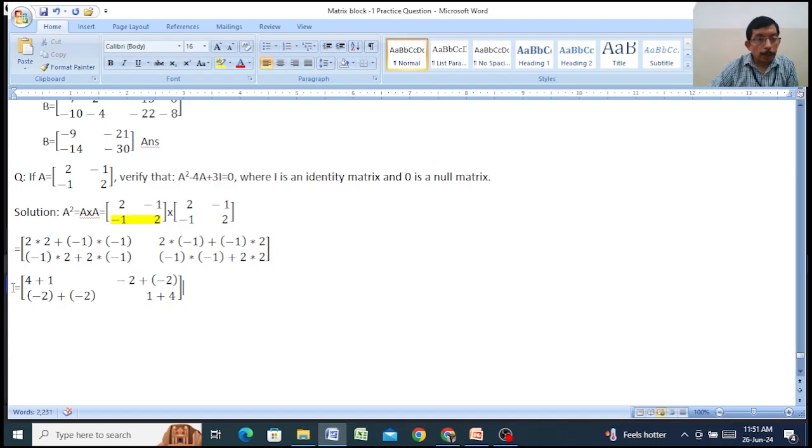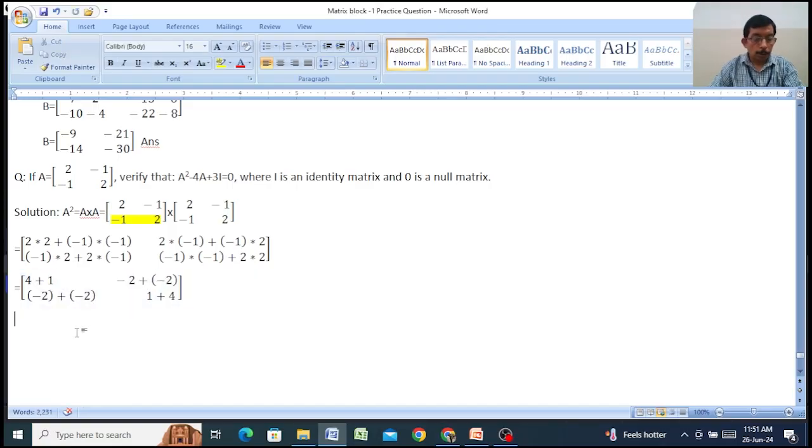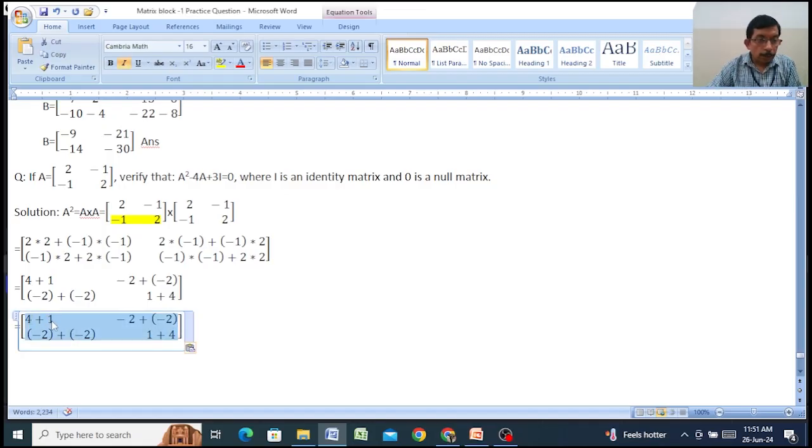Now simplify in the next step. Four plus 1, 5. Minus 2, minus 2, minus 4, note down minus 4.